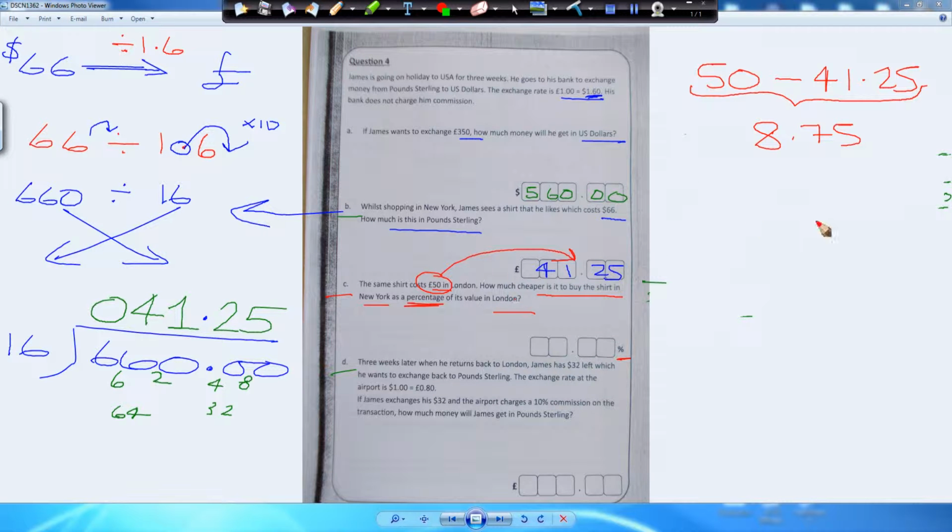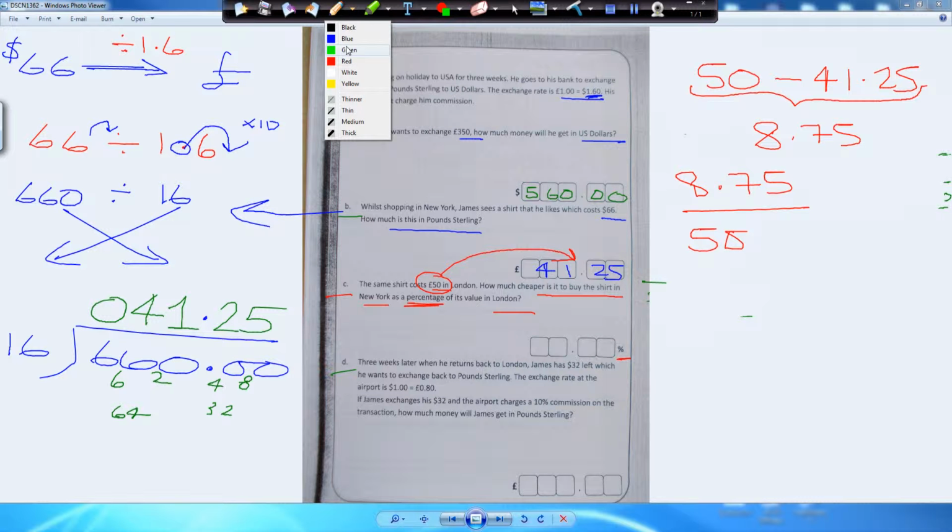We have to express this cheapness as a percentage of its original price. So it's going to be £8.75 is how much cheaper it is, as a fraction of the original price, £50. Now, if you're going to change that into a percentage, you have to multiply the fraction by 100.